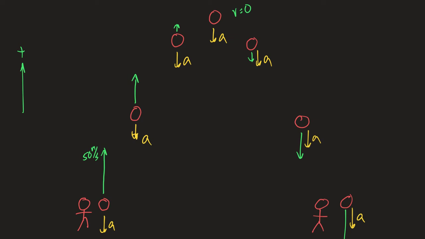Acceleration is a vector. It has direction. It points. And it's in the direction that the velocity is changing. I would strongly encourage you to consider that, especially as we get into more two-dimensional and three-dimensional examples. Acceleration has direction, and it's in the direction in which the velocity is changing.